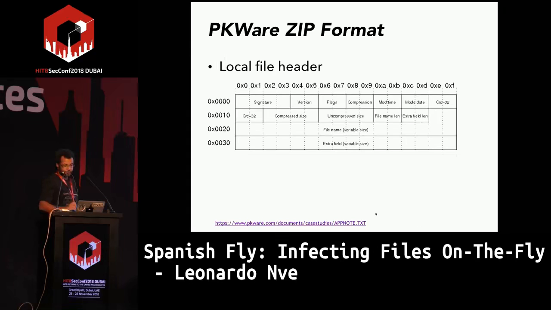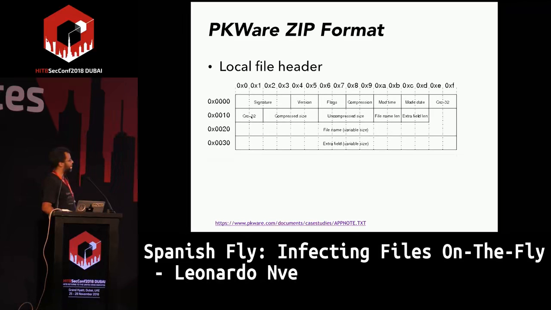Okay. On the local file header, the first thing you see is a signature. Then the version of zip, some flags, what kind of compression it has, the modification time, the modification date, etc. The CRC32 of the header.